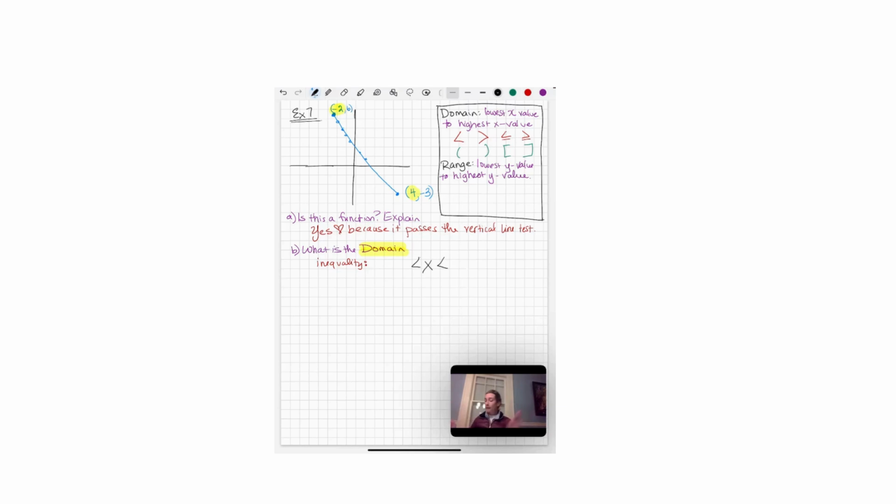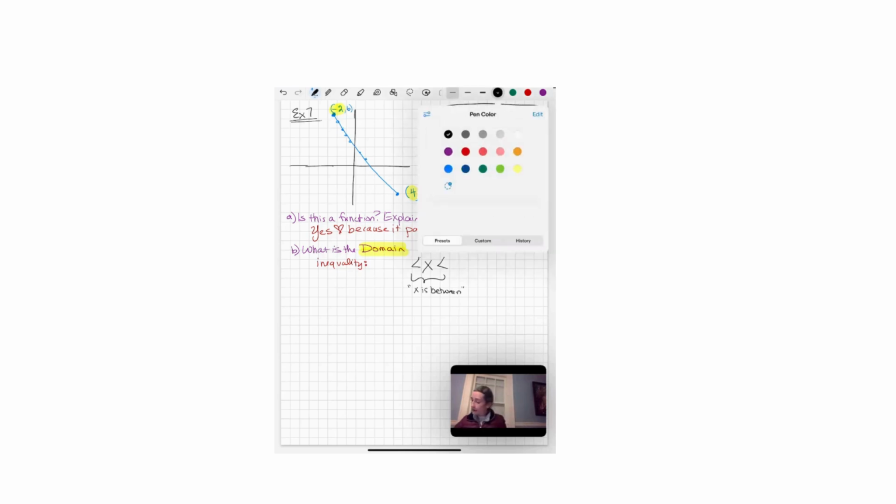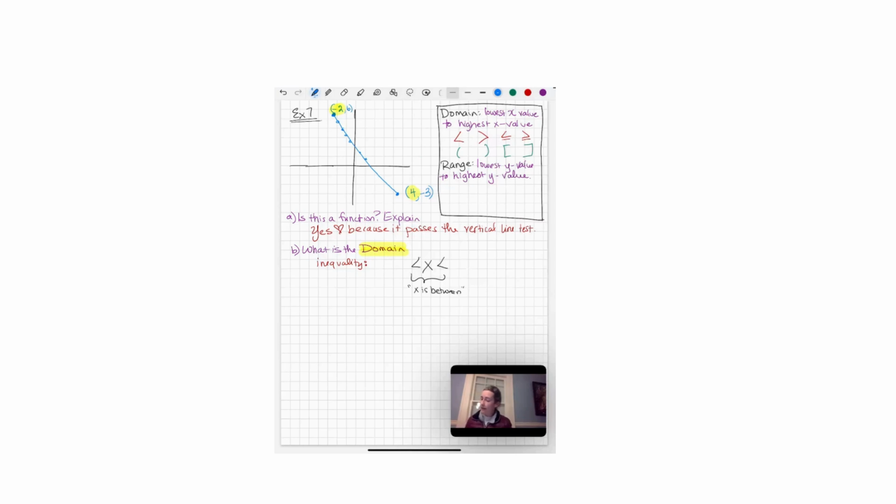So that literally in math translates to x is between. Then we just list our lowest x value on the left and our highest x value on the right. So -2 is hanging out over here. 4 is hanging out over there. There's a little bit more we have to do, y'all. I'm not quite done.